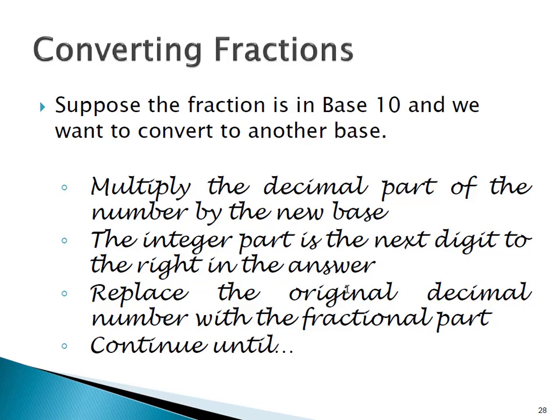So let's now talk about converting fractions. Suppose I give you a fraction in base 10, and you want to convert it to another base. This is kind of exciting if you think about it, and it's not that difficult, but it's the same principle. So you multiply the decimal part of the number by the new base. Then you're going to get an integer part and a decimal part. The integer part is the next digit to the right of the answer, and you replace the original decimal number with the fractional part.